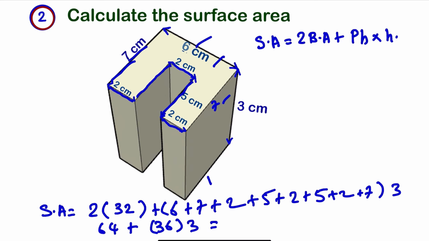So if we move further, we are going to have 64 plus 108. If we add them up, we are going to have 172 centimeters square.